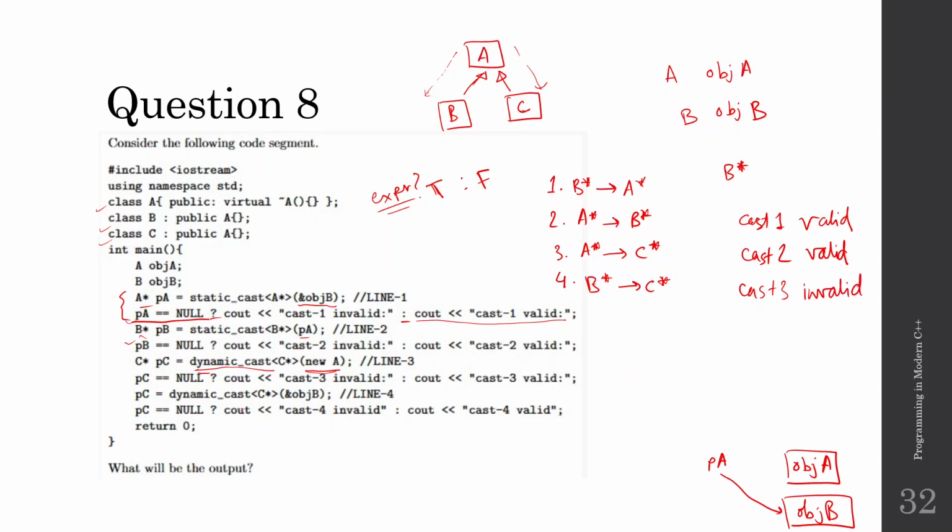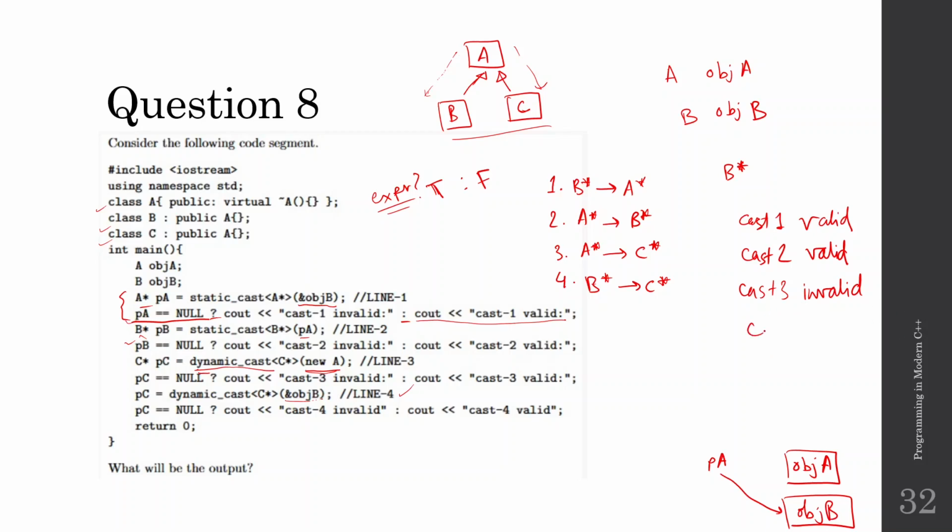And in the fourth line, ampersand objb will give a pointer of B star type, and we are dynamic casting it to C star. As you can see, they are not children or parents of each other, so they are in a way unrelated.